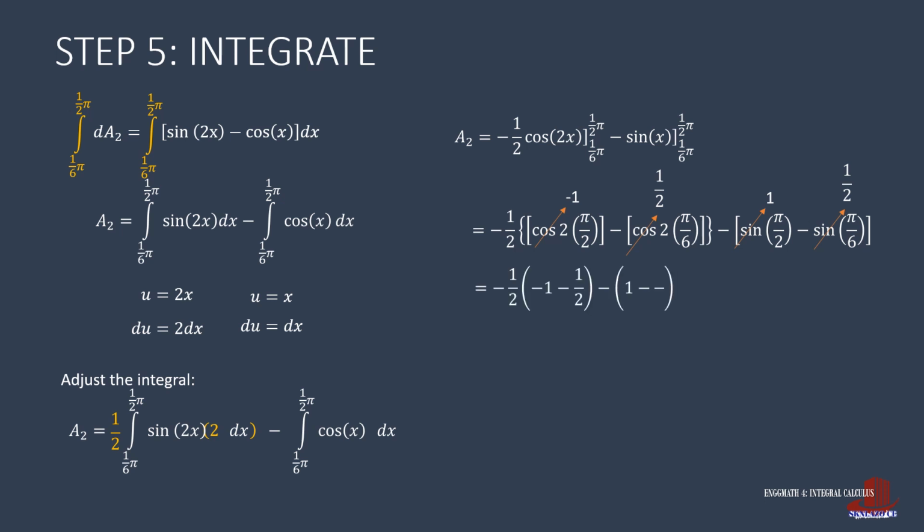Everything can be simplified as negative half of negative 1 minus 1/2, minus 1 minus 1/2. So a2 is 1/4. Now, the total area is just a1 plus a2, which is 1/4 plus 1/4, and that is 1/2 square unit.